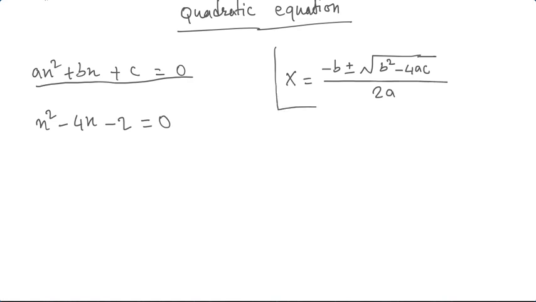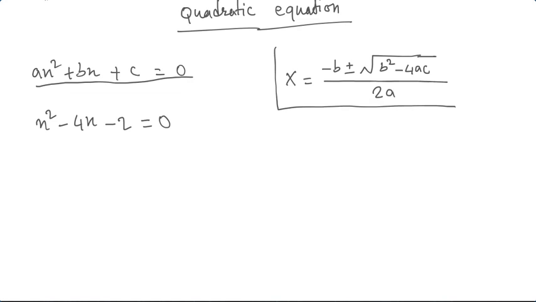Here, x is equal to minus b plus or minus the root of b squared minus 4ac, divided by 2a. So this is the formula to solve a quadratic equation.